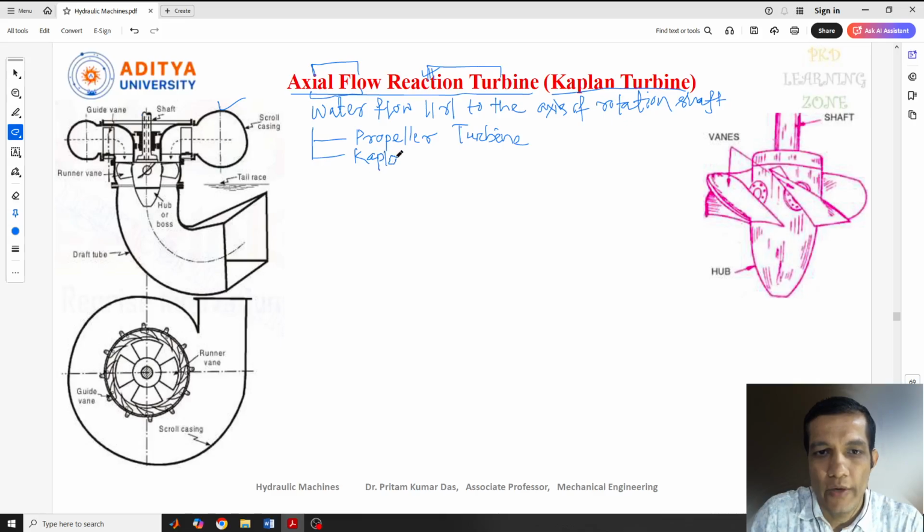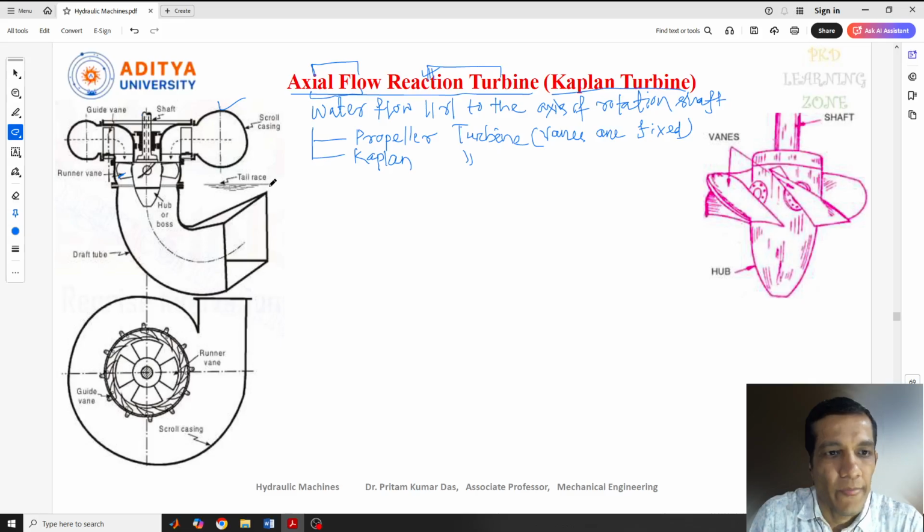A small difference between the propeller turbine and the Kaplan turbine is that in the propeller turbine, the blades are not adjustable, that is, fixed. The blades or vanes, we can see these are the vanes, are fixed. They cannot be movable or adjustable.